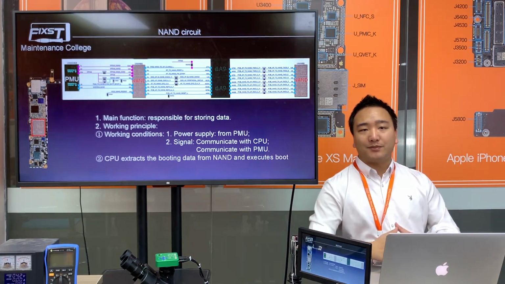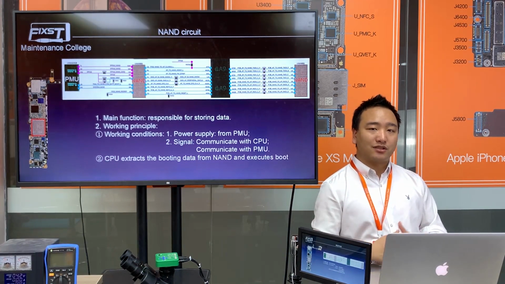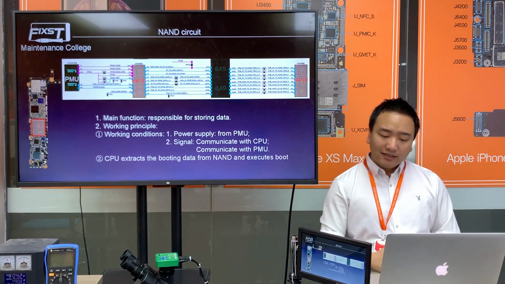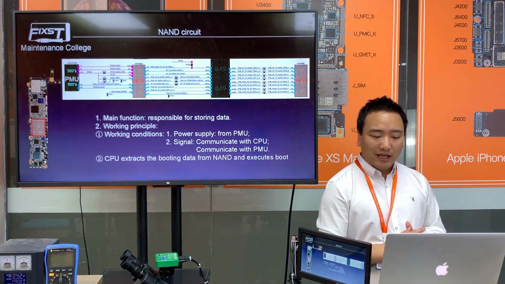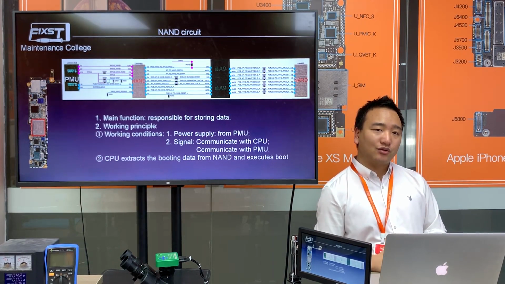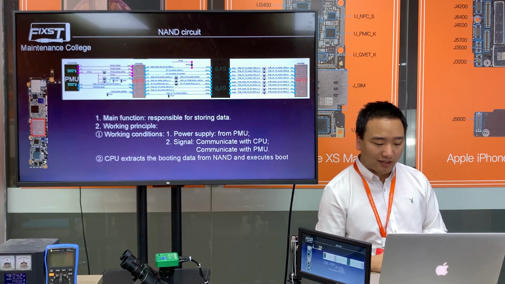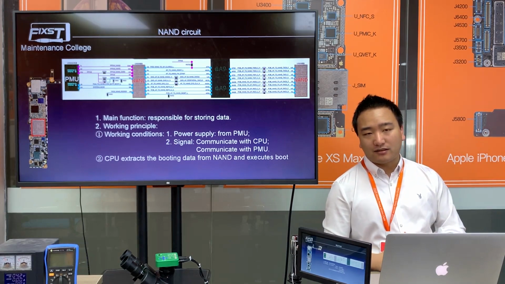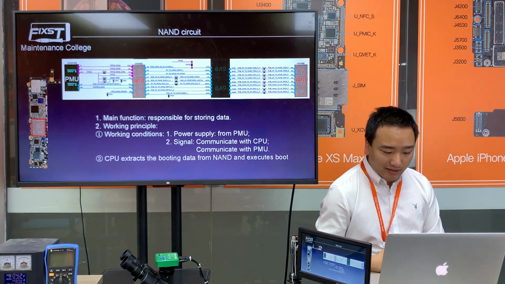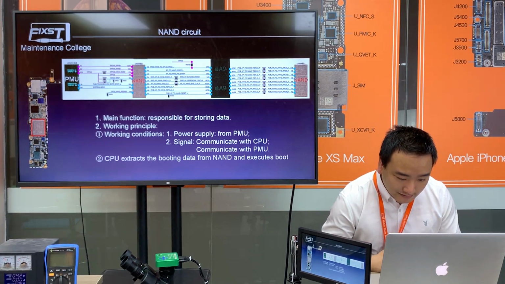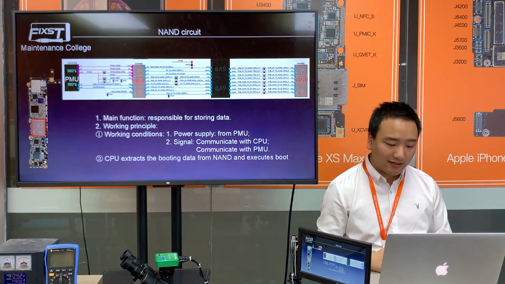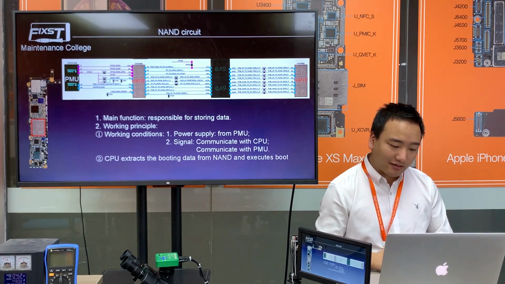The NAND also has two working conditions: one is power, the second is signal. Its power comes from the PMU, the main power IC, and there are three power lines: one is 3.0 volts, one is 0.9 volts, and one is 0.8 volts. Only these three voltages. After the NAND has these three voltages, it can start to work.